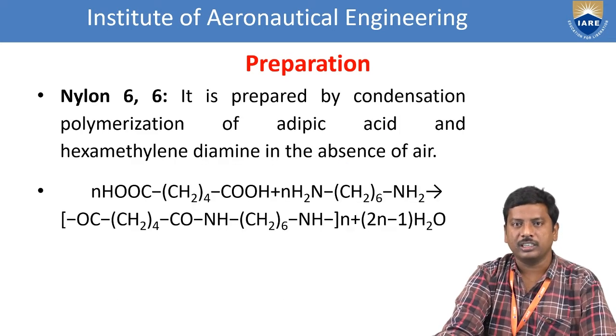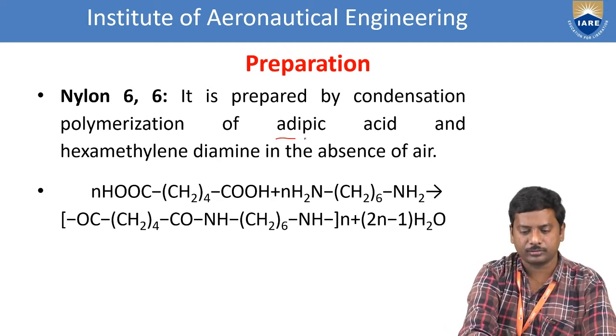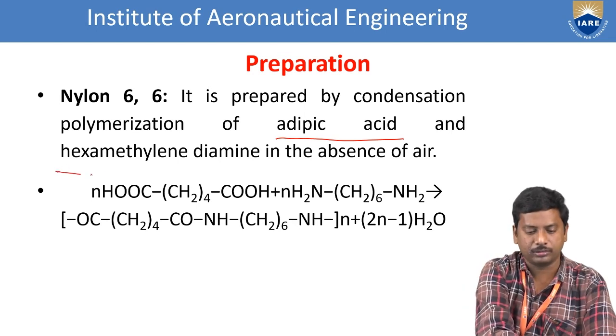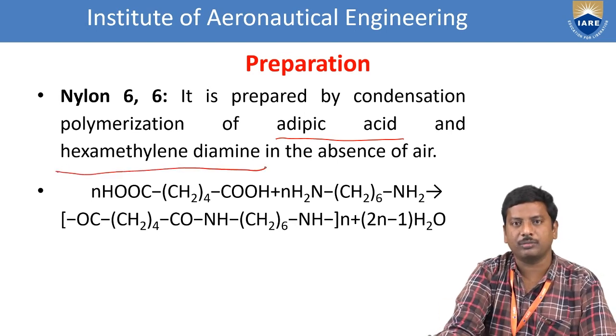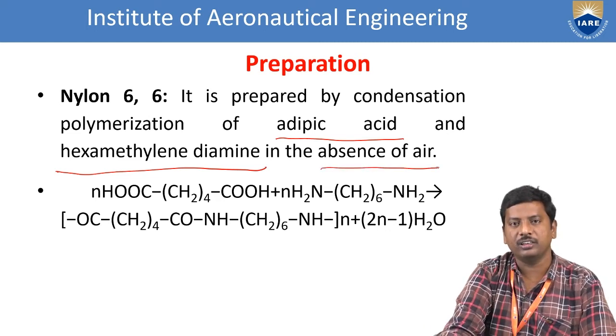Now we see the preparation of nylon 66. Nylon 66 is prepared by the condensation polymerization of adipic acid and hexamethylene diamine in the absence of air. That is the required condition.